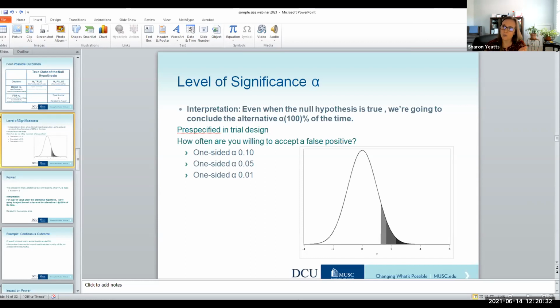As that type 1 error decreases, the shaded region gets smaller, right? So now we've moved to a one-sided alpha 0.05. Again, 0.1, 0.05, the shaded region gets smaller. 0.01, the shaded region gets smaller still. So what you're saying is you need to be more sure that what you've observed is not consistent with the distribution under the null hypothesis.